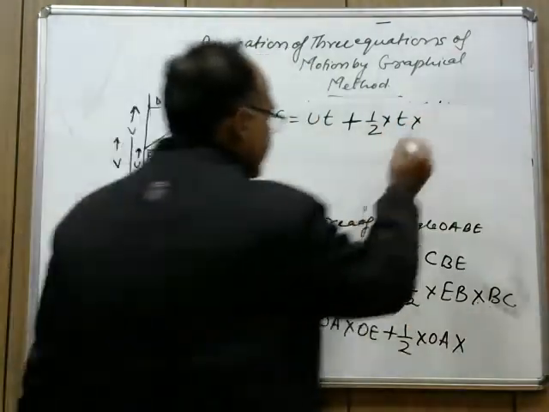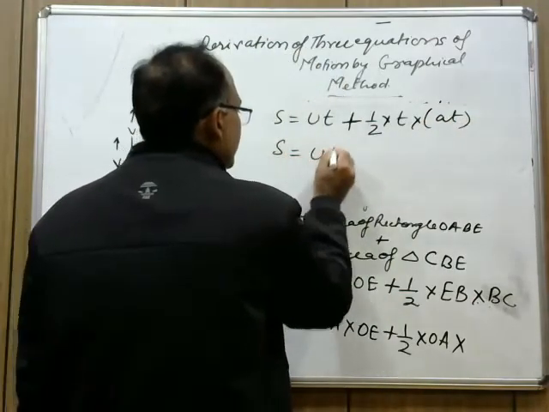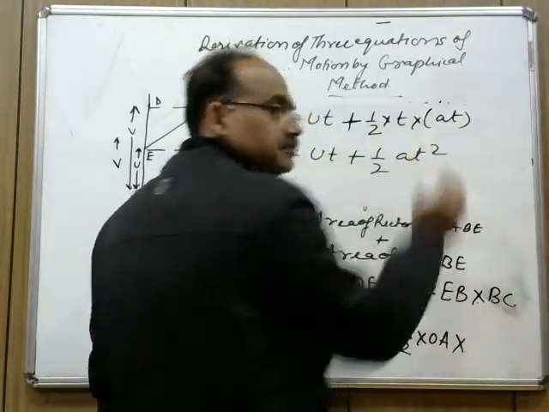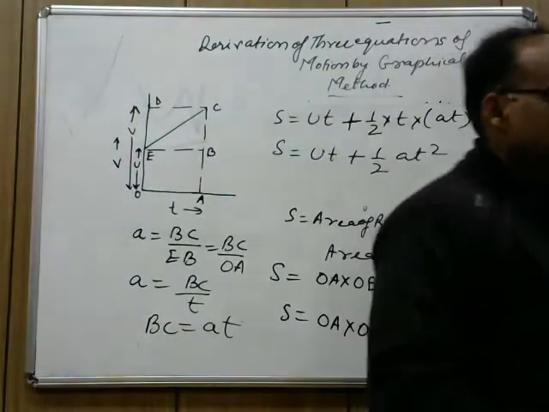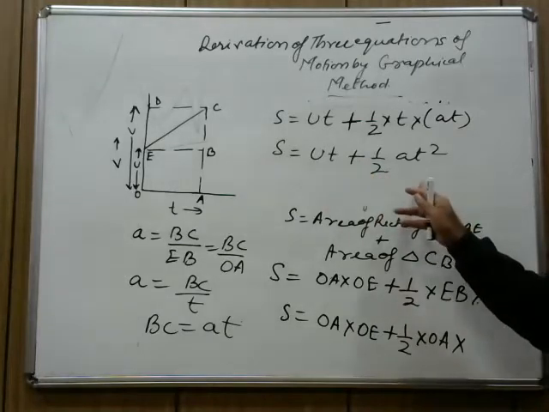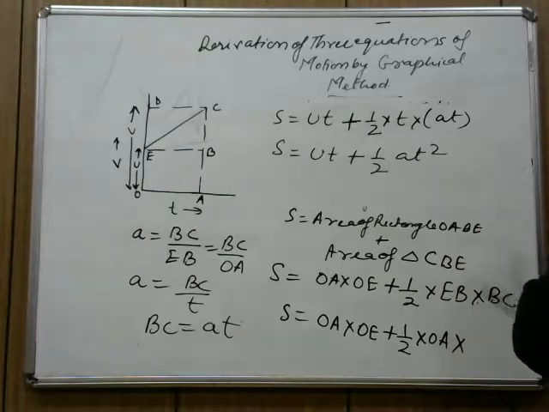BC is what? It is at. So we can write S is equal to ut plus half at square, and this is the second equation of motion. Or we can also say that this is the displacement equation.